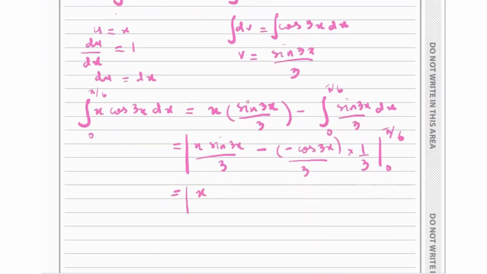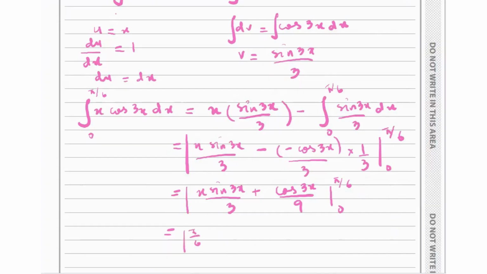Let's simplify this. x sine 3x over 3 plus cos 3x over 9. Now we're going to put in the values. First you put the maximum value, which is pi by 6.